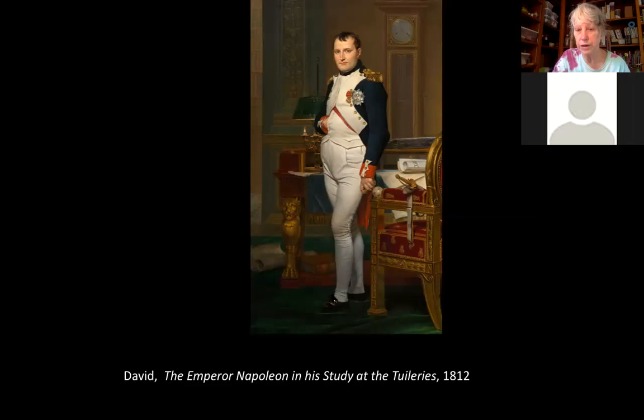The drawing is very clear. The contours of the lines are very clear. There's no visible brushwork. It's very rational.